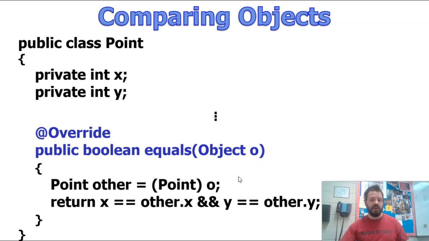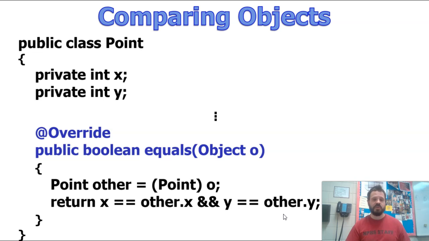And then to actually make our equals method work, the first thing we'd have to do within our method is make a new Point, we'll call it other, and essentially just like we can cast an int as a double or a double as an int, we need to cast this Object as a Point object. So we'd be casting o as a Point. In other words, we're taking the Object and casting it as a Point, and then we can run our comparisons of the x's and the y's the same way we did before.